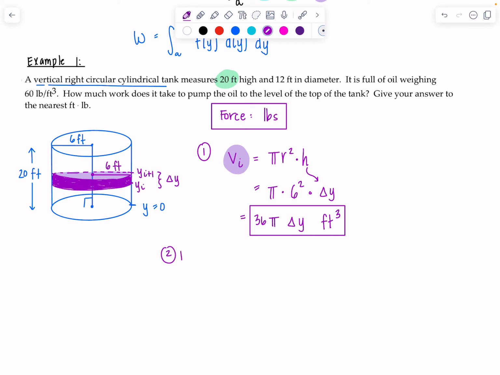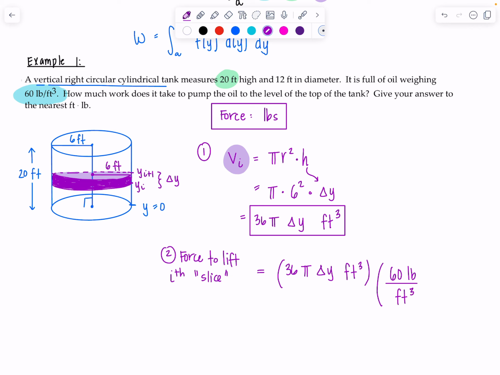I want to figure out the force required to lift the slice of oil. And this is where you come back and use the given information that oil weighs 60 pounds per feet cubed. Notice the units, pounds, that's force, per feet cubed, that's volume. Beautiful. So I take my V sub i, 36 pi delta y, I do recommend writing the units, and then you multiply by 60 pounds, I would put per feet cubed in the denominator like so.